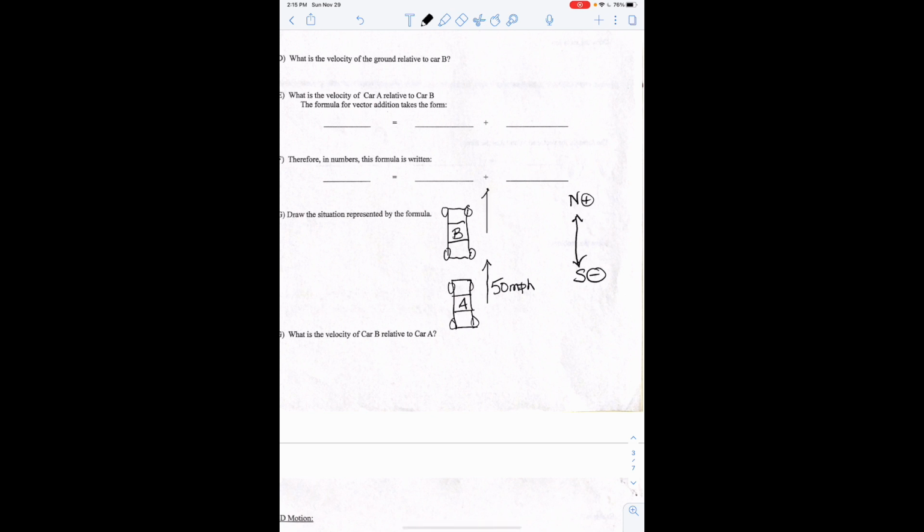But car B is traveling at 70 miles per hour. Make that vector a little longer for B. And yeah, okay. So that's kind of what we have. And maybe I can even add a little color there, some green highlighting to B. All right. And A will be yellow.